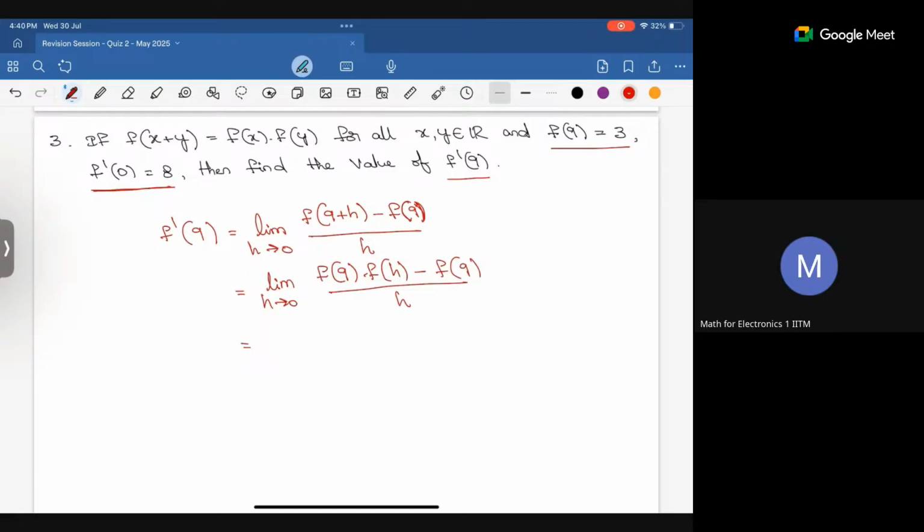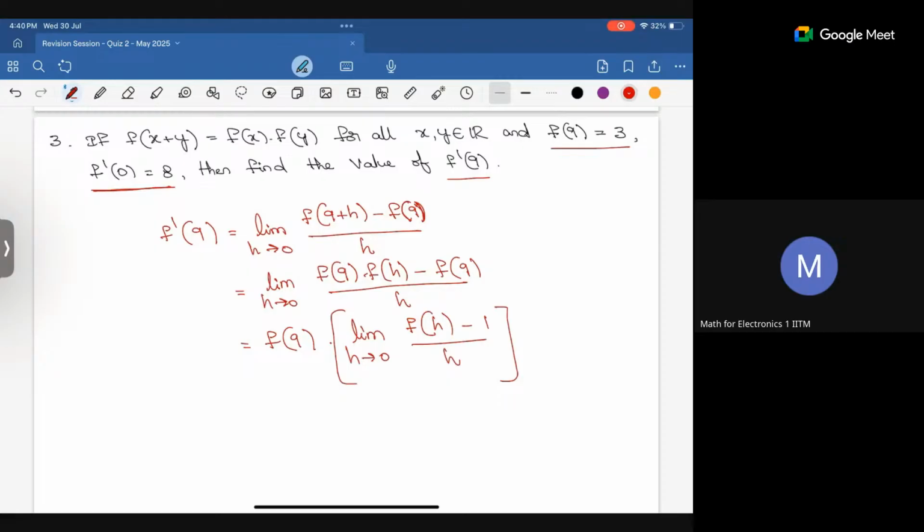If I pull out f of 9 as common from the numerator, this will be limit h tends to 0 of f of h minus 1 divided by h. So we have reached till this point.